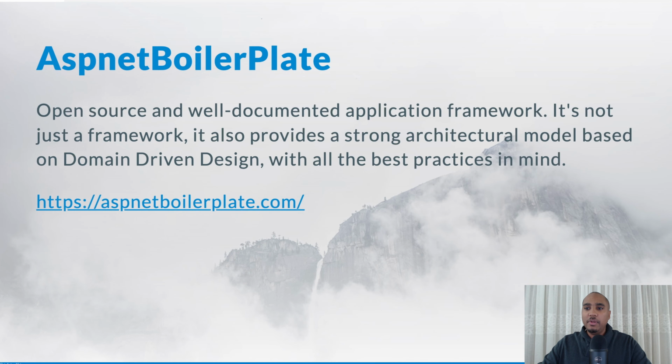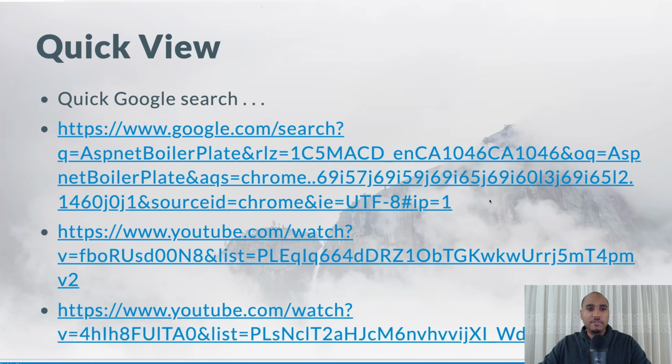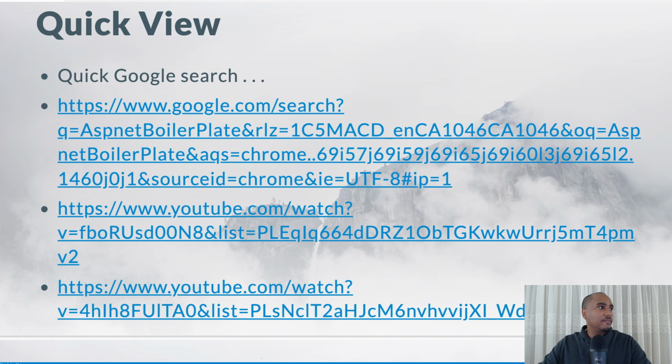Okay, moving on, let's have a quick look on Google. What is this framework about? If I do a quick search on the internet, I will find how popular it is. Let's go to Google Chrome.